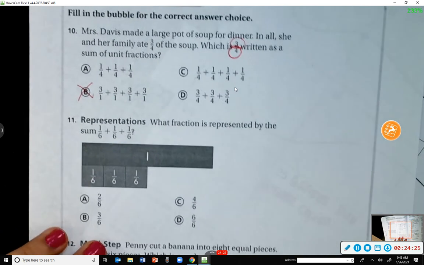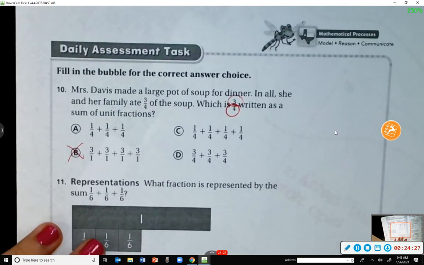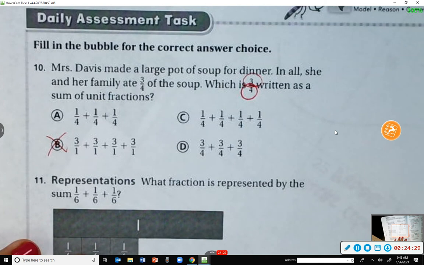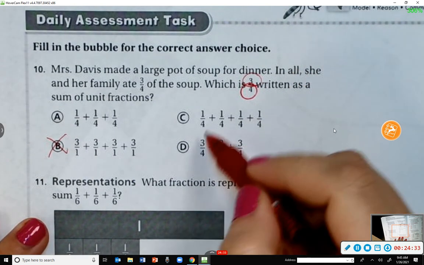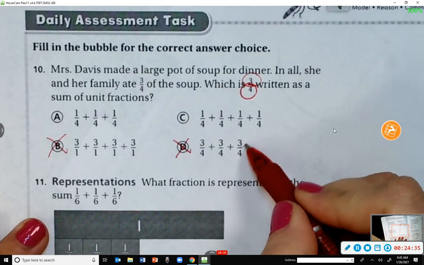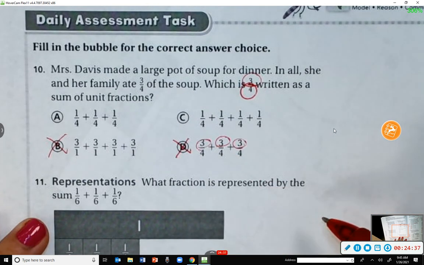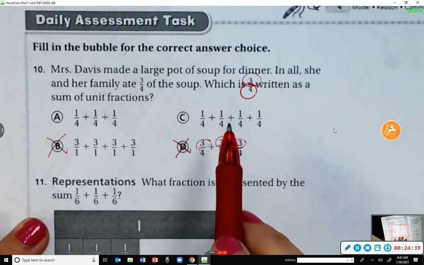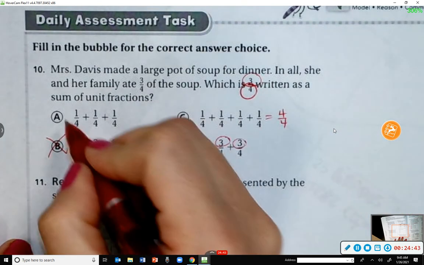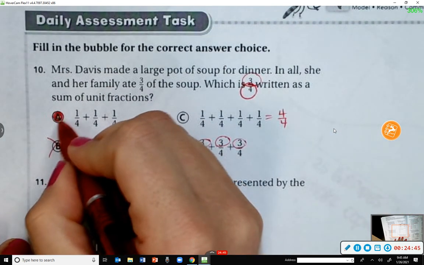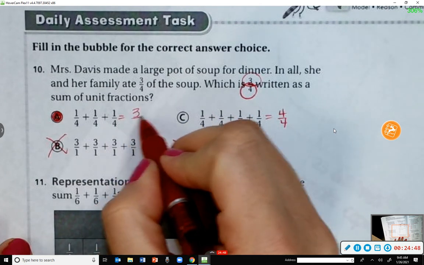If it's 3 as the numerator, then I need how many unit fractions? 3. Okay, so it can't be D because those aren't unit fractions. Okay, so A would have been correct. C has too many. That equals 4/4. A equals 3/4.